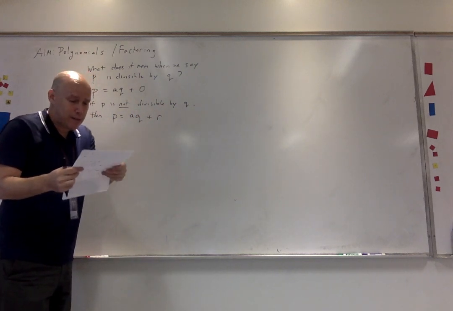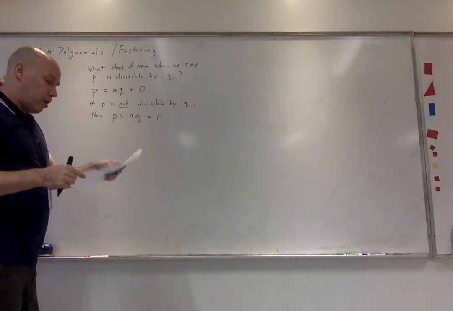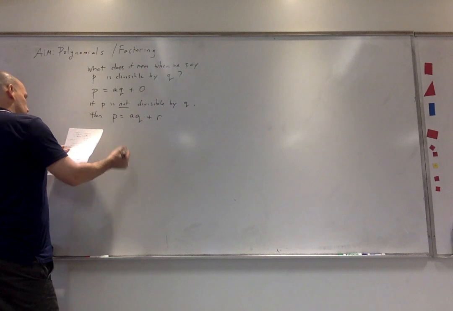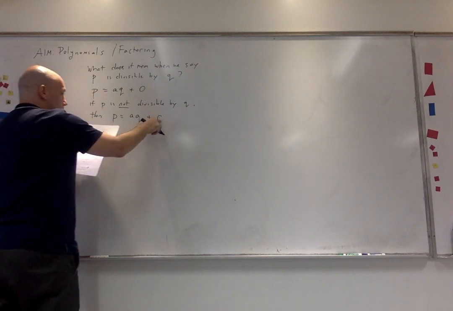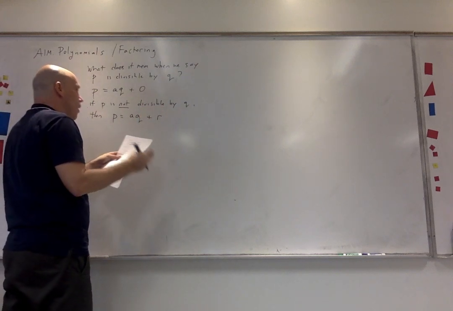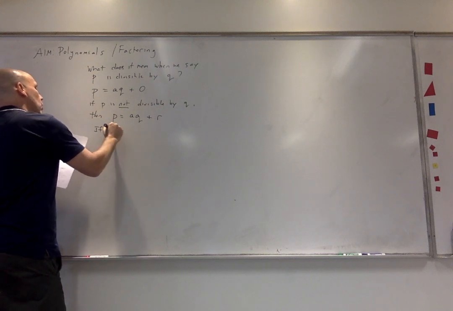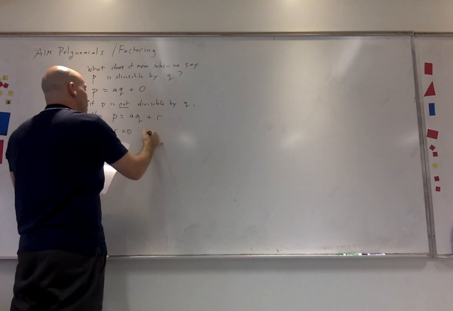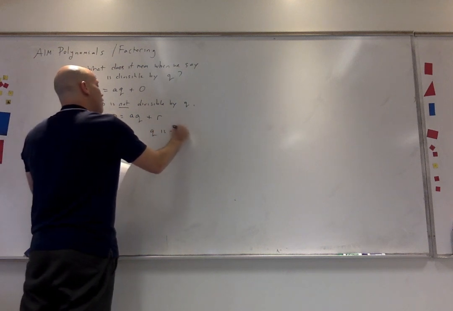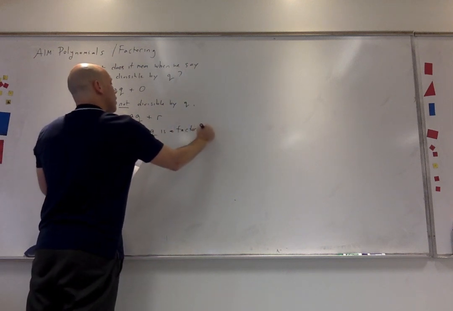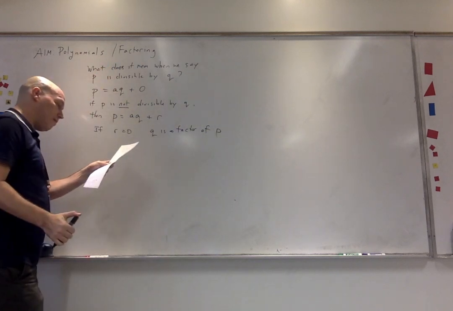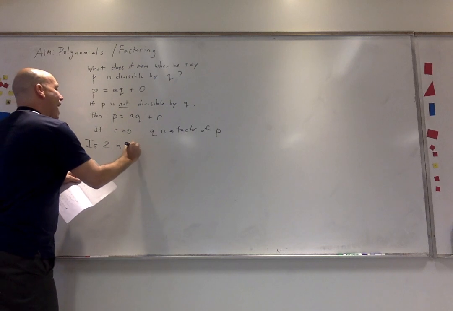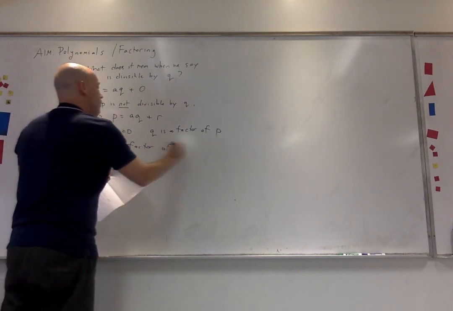Now, you've done this. If R equals 0, then P is divisible by Q, and we say that Q is a factor of P. Is 2 a factor of 17?